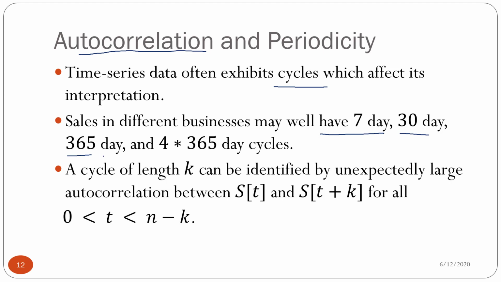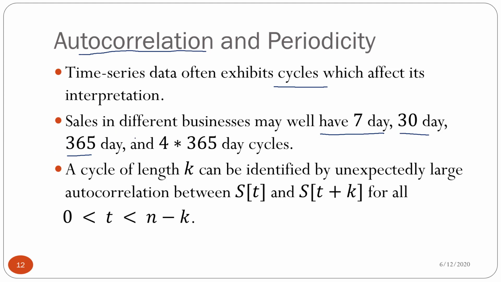All right, because if the demand for Christmas tree is high around say December of 2019, then the next time the same high demand would be around December of 2020 and then December of 2021. All right, so that's the point.